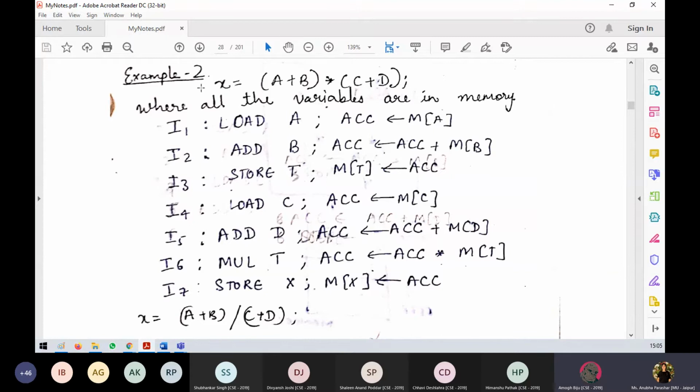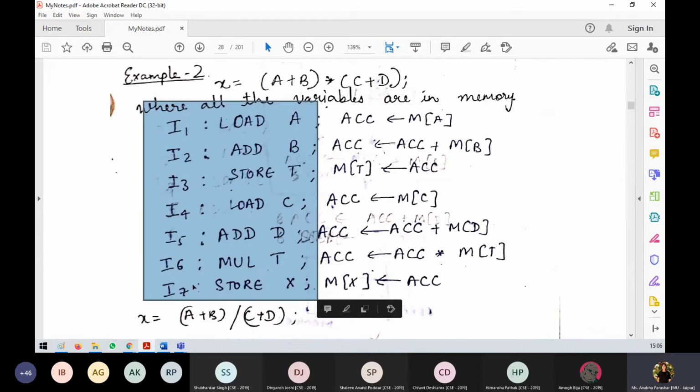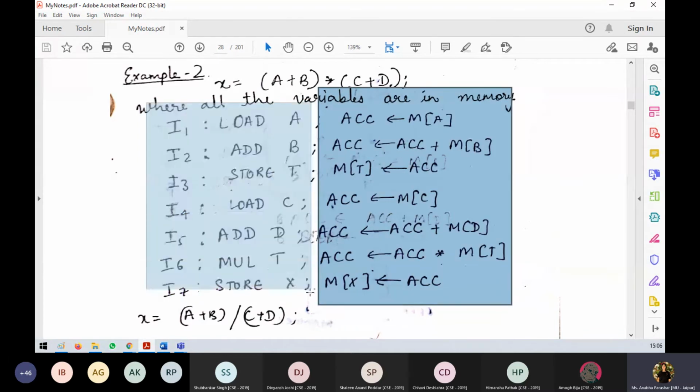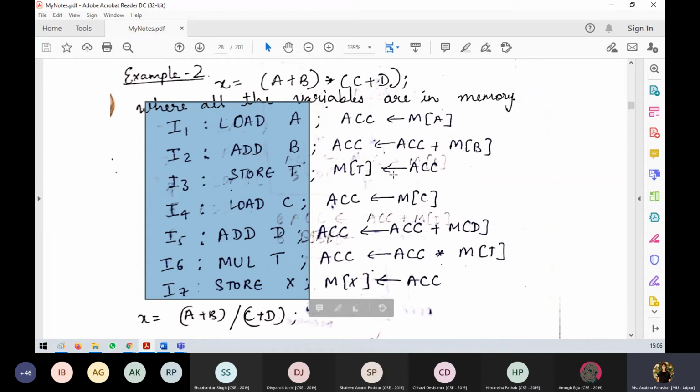Yes. See, this is the only thing that you have to see. This is your answer. What this means is depicted here. So this is your answer, and these are the depictions.